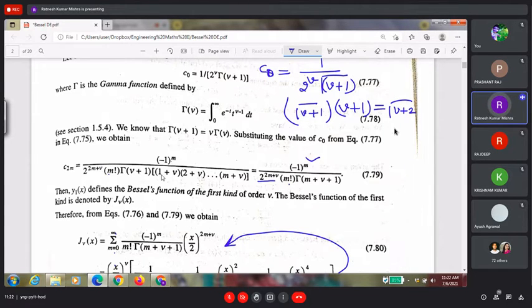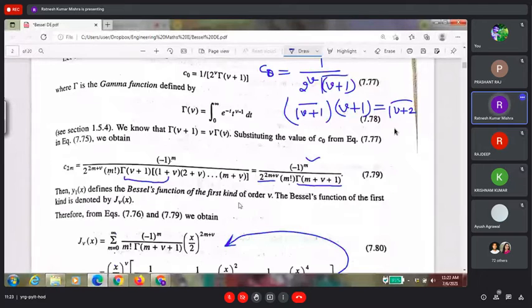Gamma v plus 1 into 1 plus v, if you combine these two, gives gamma v plus 2. Gamma v plus 2 into 2 plus v, if you merge, gives gamma v plus 3. The next term is v plus 3: gamma v plus 3 into v plus 3 gives gamma v plus 4, and so on. In the last, this is gamma m plus v plus 1. So this is the C2m.